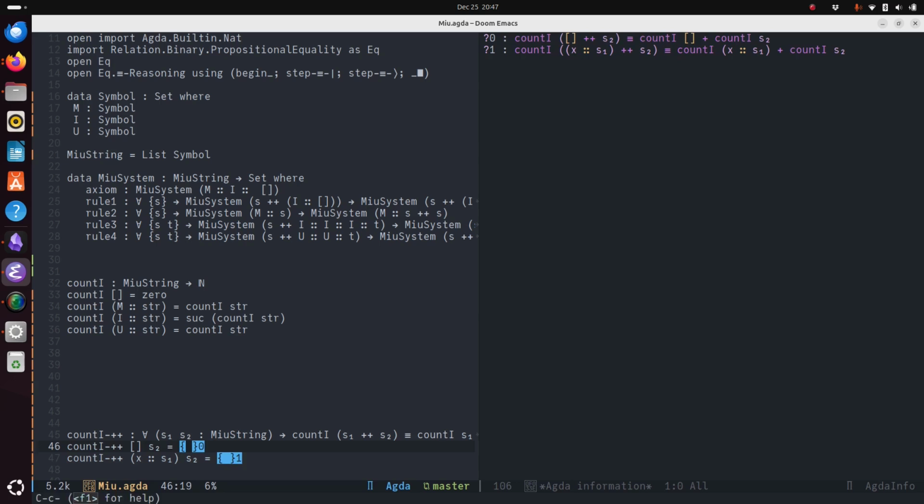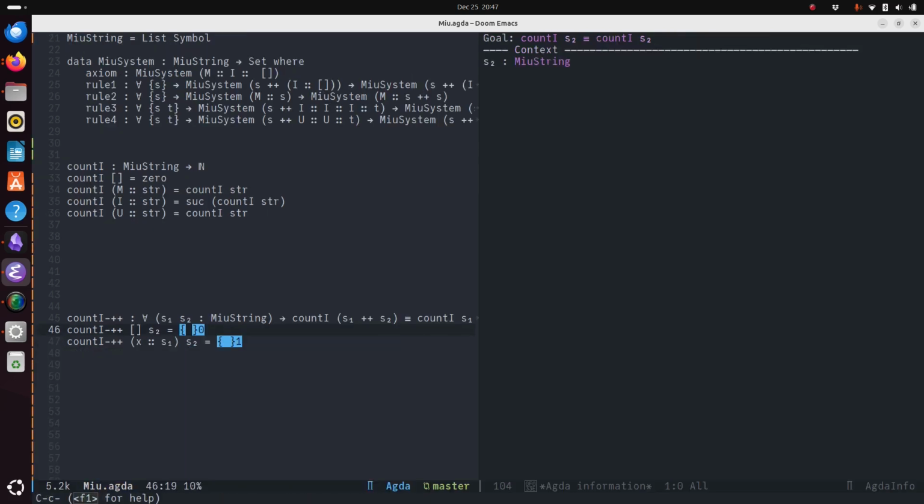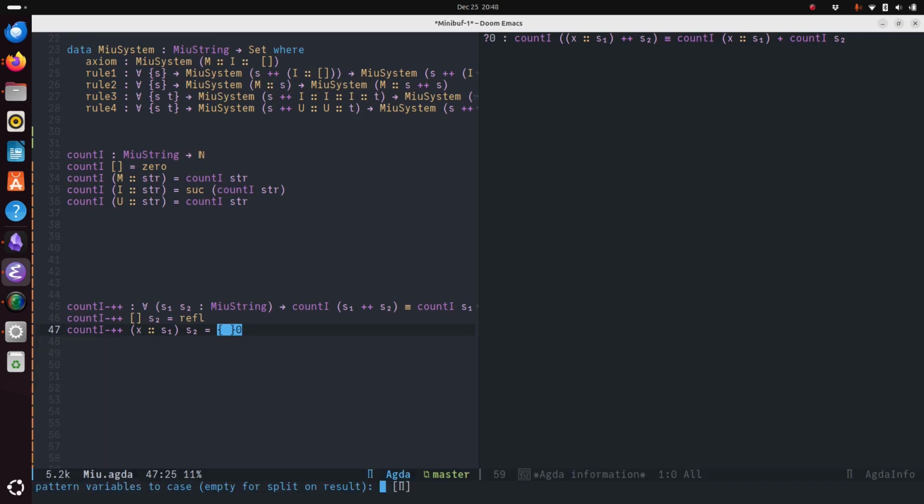In the empty case, you can see on the right side in the proof window what we need to prove is that countI of S2 is equivalent to countI of S2, which Agda will be able to do automatically. I just have to type Ctrl+C, Ctrl+A. Again, I go to the second hole. I'll again perform pattern matching on the first character X.